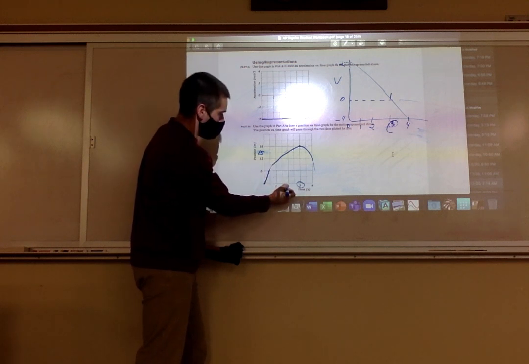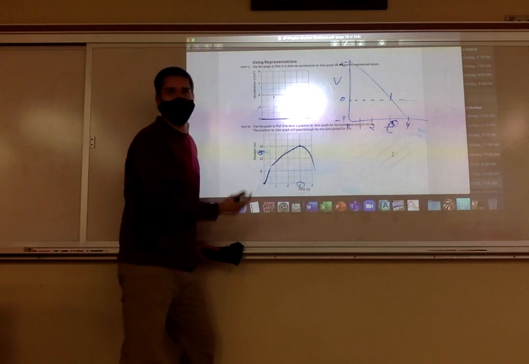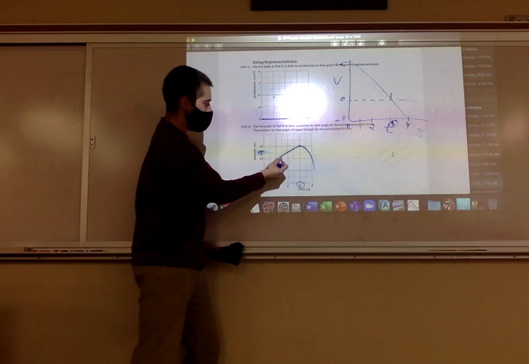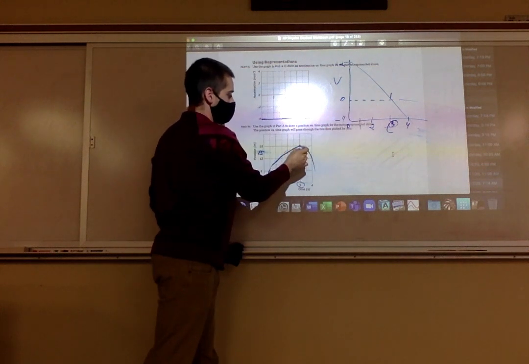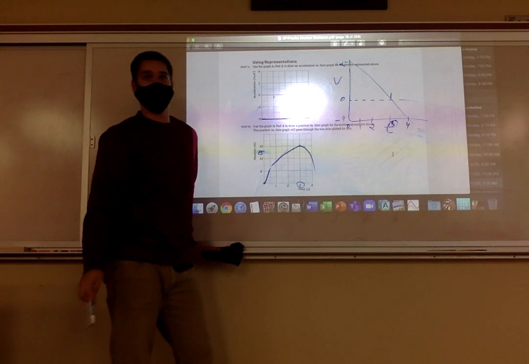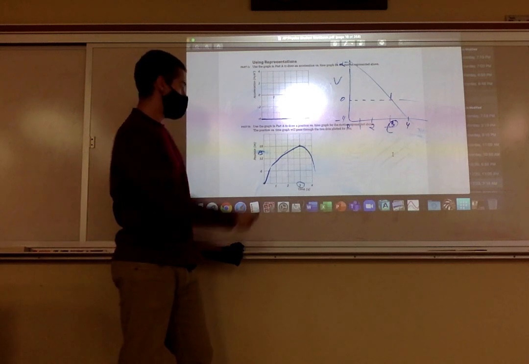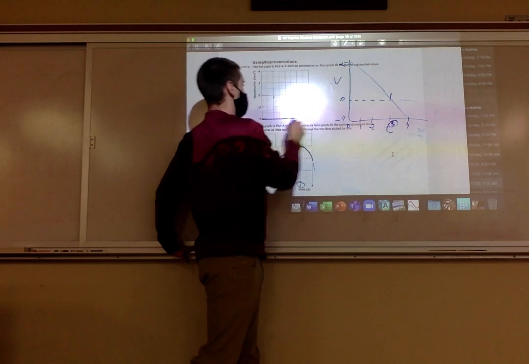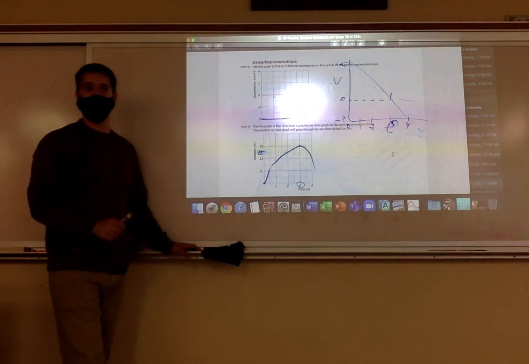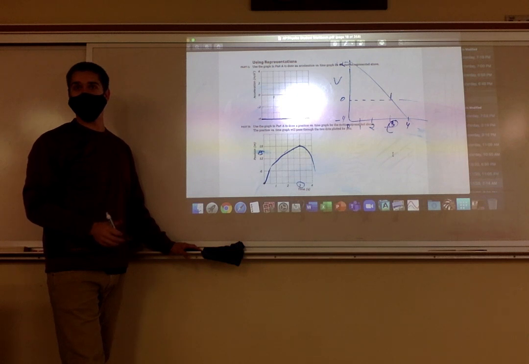But in this second, I'm only going from like 12 to 15. I only cover 3. I'm moving a lot slower. Eventually, I stop, and then I start to pick up speed again. The slope of position time is velocity. The slope of velocity is acceleration. You see that?